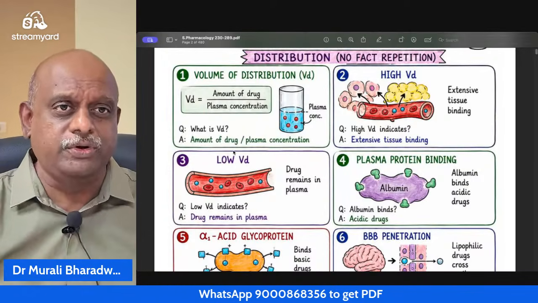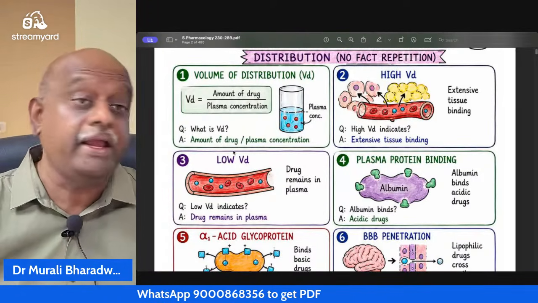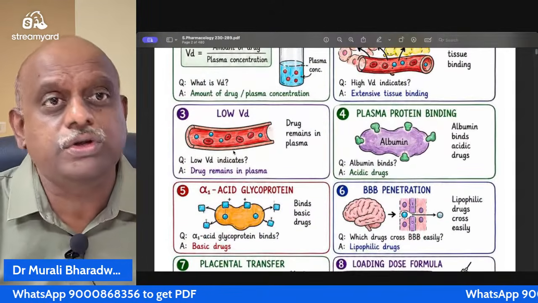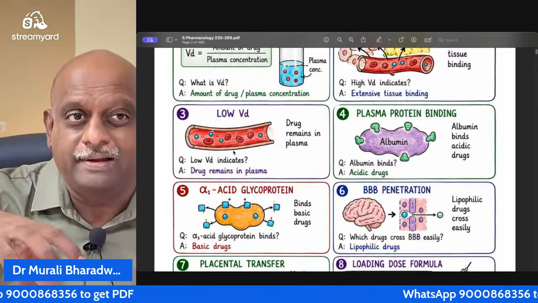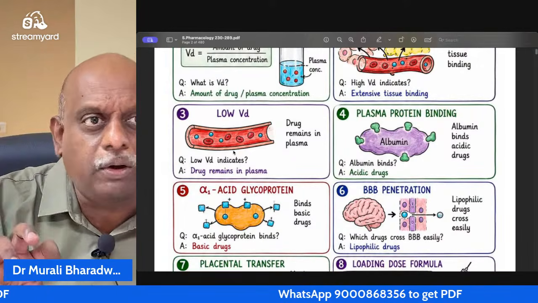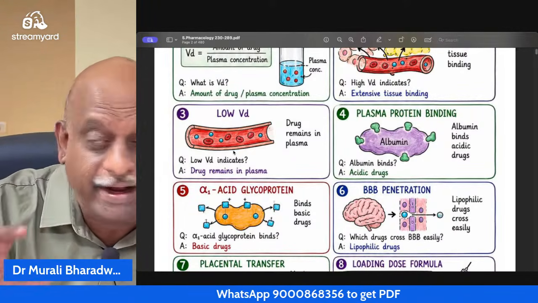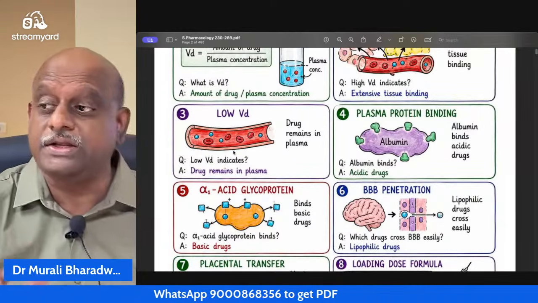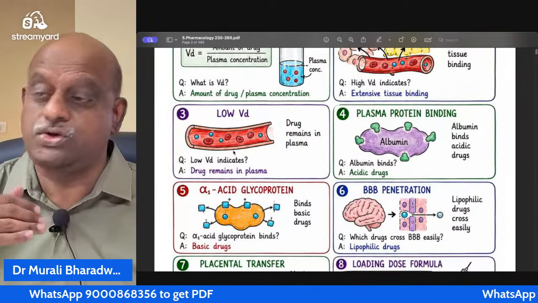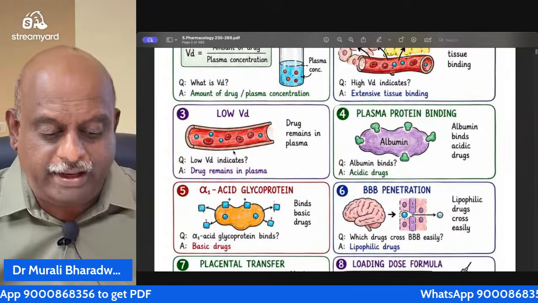It gets distributed, and typically it will have a higher volume of distribution. Similarly, a drug which has a strong protein binding, protein is in the plasma, so it is bound inside the blood vessel and distributes less. So it will have a low volume of distribution with a strong protein binding is what you need to remember.